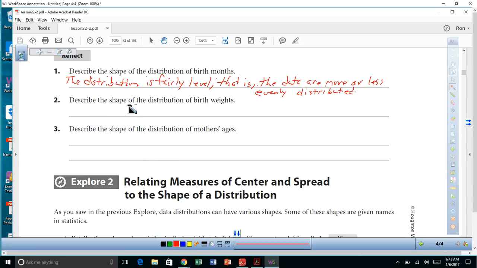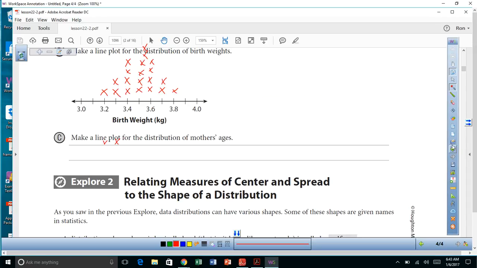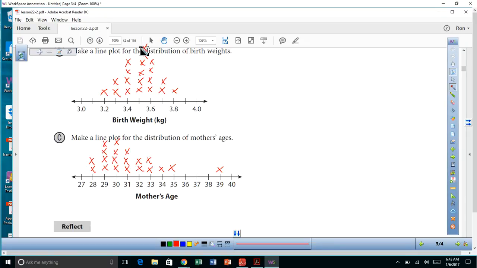Number 2, describe the shape of the distribution of the birth weights. So here's the birth weights. It's kind of got a mound shape to it, right? And it looks fairly symmetric. You've got the tail over here, and it's got 1, 1, and that's got 2, 2.